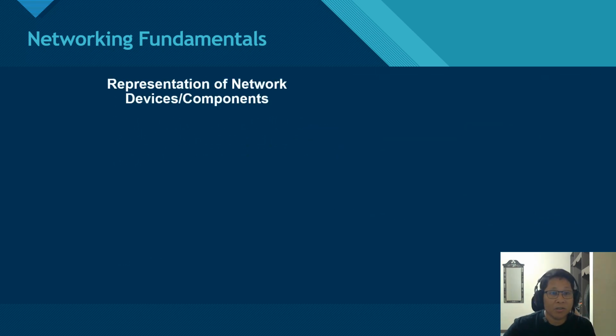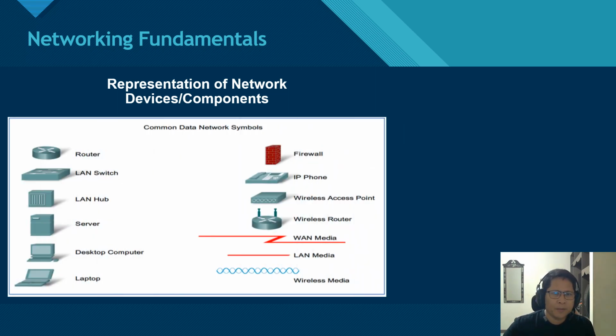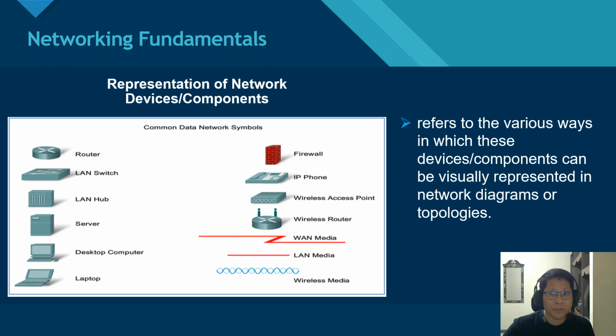Next, let's talk about representation of network devices or components. This refers to the various ways in which these devices or components can be visually represented in network diagrams or topologies.